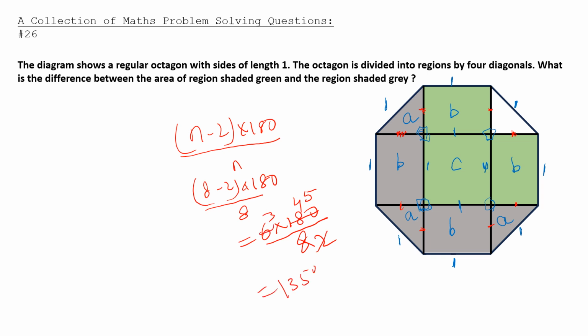So this entire angle is 135 degrees, and we know that this is 90, so this will be 135 minus 90, that is 45 degrees, and this is also 45 degrees because it's isosceles.